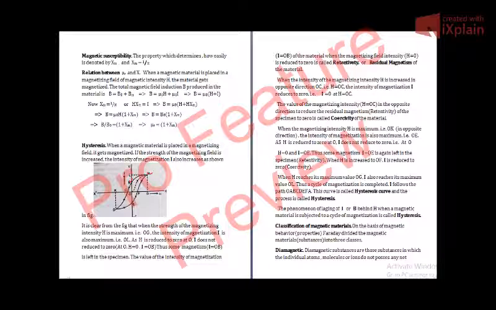Though we have switched off the magnetizing field, there is no magnetizing field H, but still the specimen has achieved some magnetism. So the intensity of magnetization is not 0.